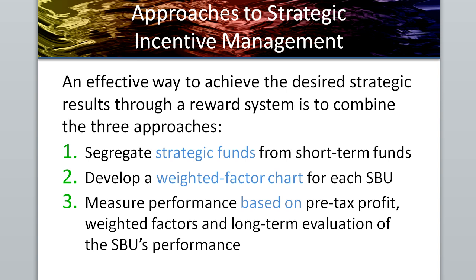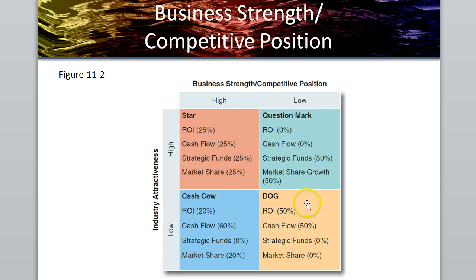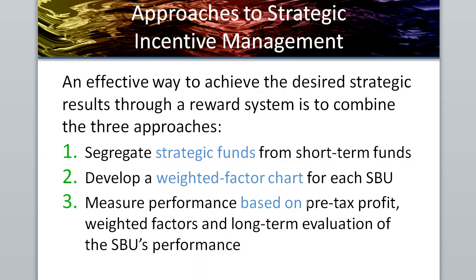So different approaches for strategic incentive management. Again, segregate strategic funds from short-term funds. Strategic funds are more aimed at growing the company, more at initiatives, so we don't want to measure them the same as short-term funds. Develop a weighted factor chart for each business unit. And they don't have to be based on this design. They could be based specifically on how your company separates its business units and how you want to look at performance per business unit. And you want a weight factor, which means developing a percentage between different measurements, where the more important measurement should have a higher percentage.